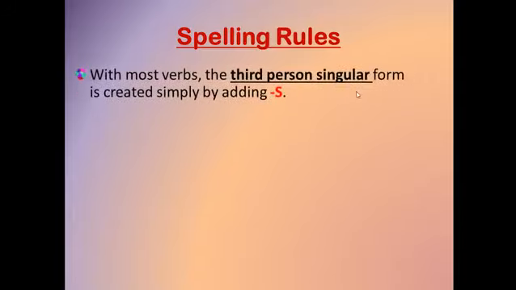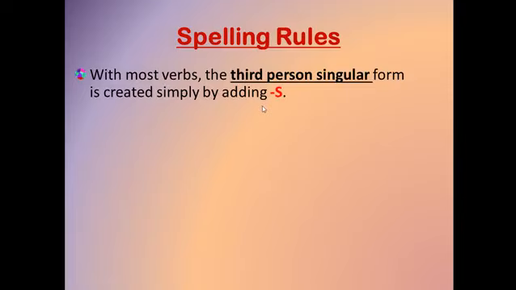Now, we have certain special spelling rules that we have to take care of while forming the present simple, especially with the third person singular, or like we said, with he, she, and it. So those are what we call the third person singular. With most verbs, the third person singular form is created simply by adding s.